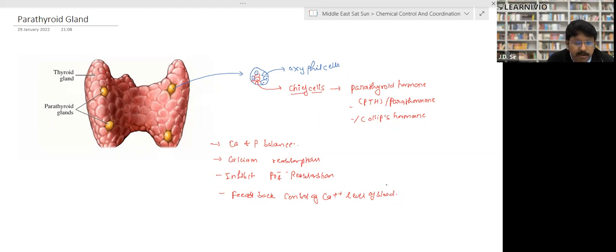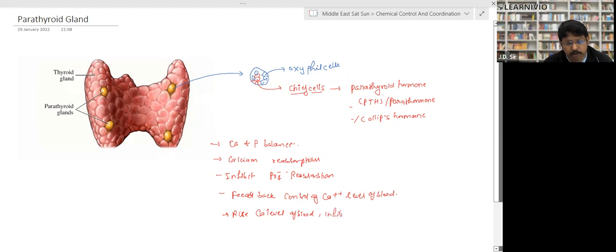Next point. A rise in the calcium level of blood inhibits parathormone secretion. This is an important line.